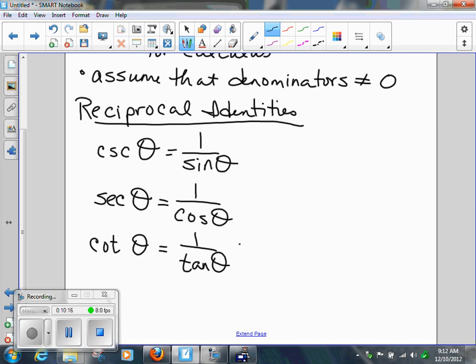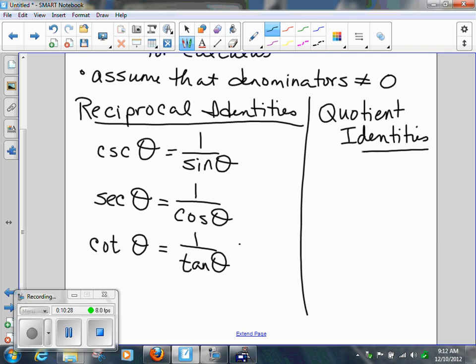You already know this. You also are familiar with quotient identities. What does quotient mean? Dividing, okay? So you already know that tangent theta is what two trig functions divided? Sine over cosine. Very good.